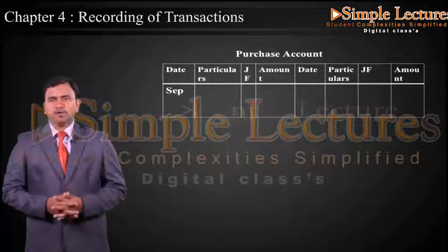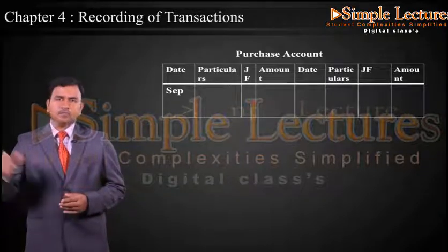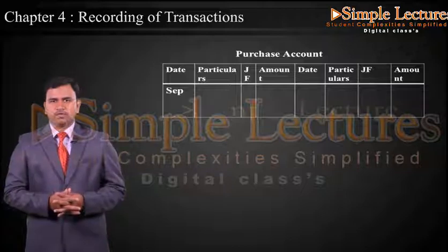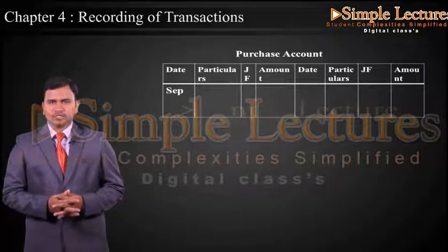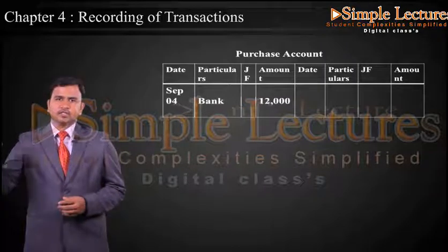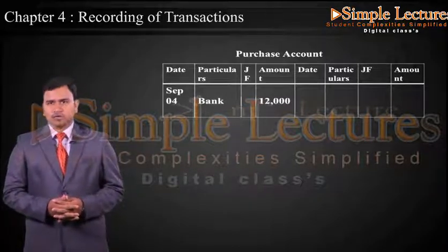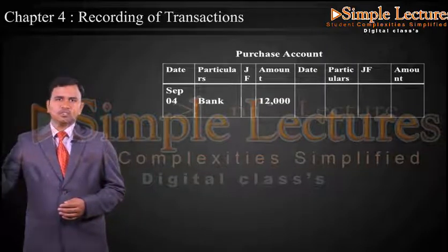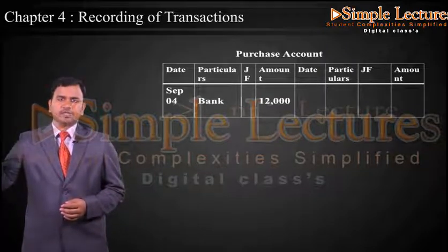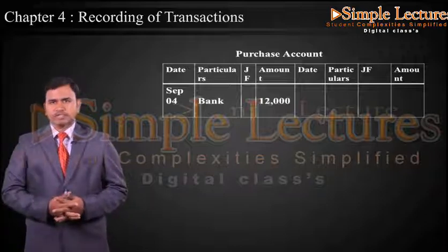What we have on the credit side of the double column cash book will be posted directly to the debit side of the purchase account. The first entry was on September 4th, the purchase account, and the amount was in the bank column. The amount in the bank column will be taken as bank, and the amount in the cash column will be taken as cash.